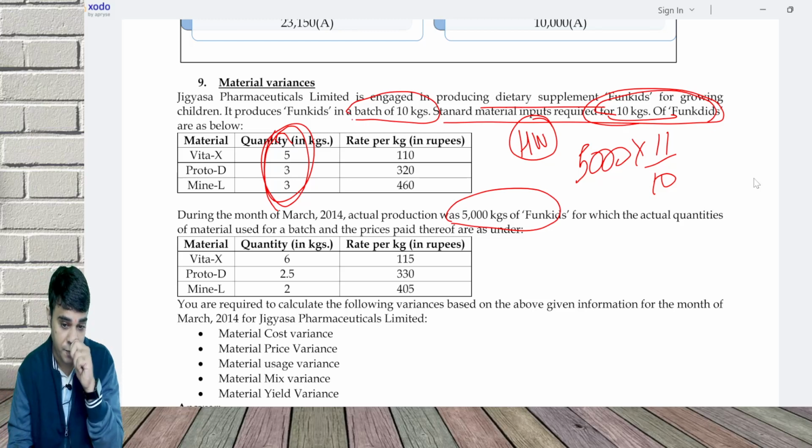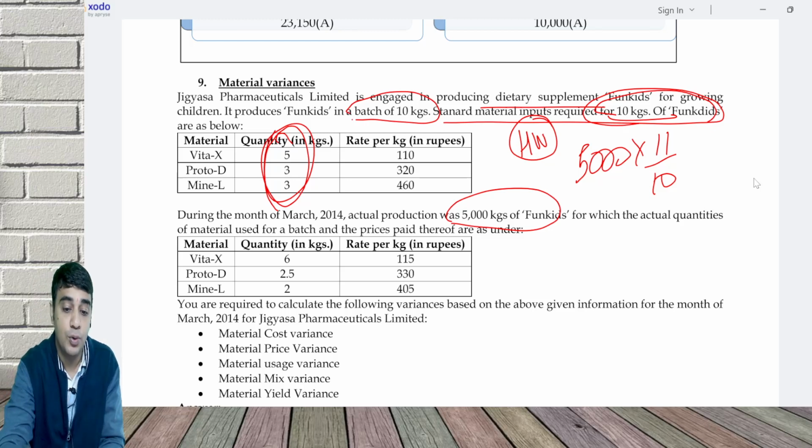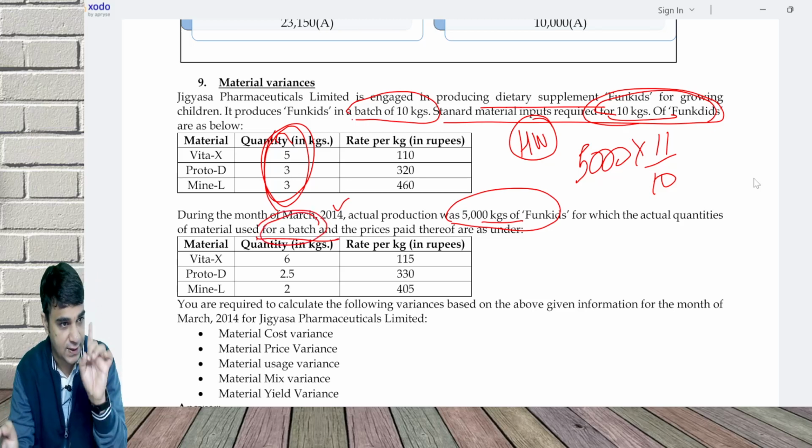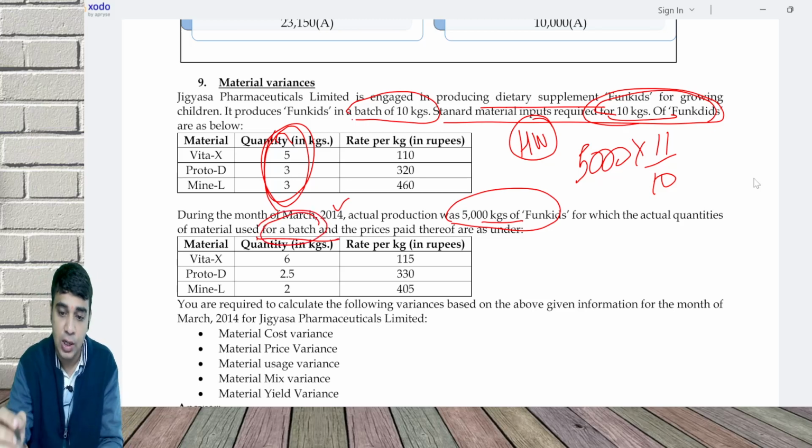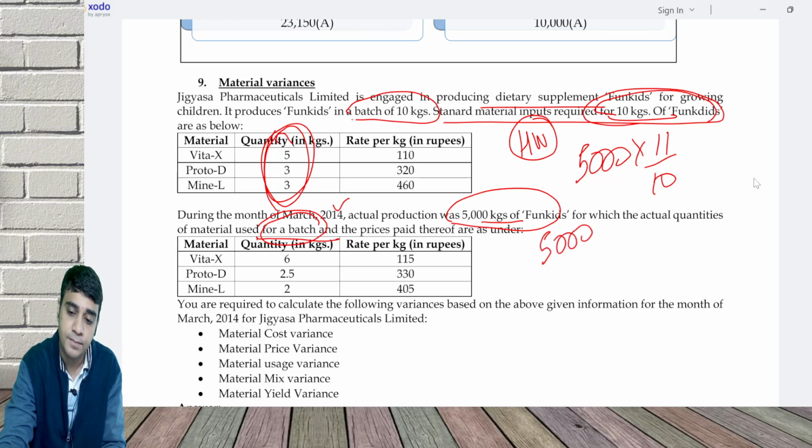RSQ is the total of AQ, and for AQ they have said during the month of March 2014 actual production is 5,000 kg, for which the actual quantity used for a single batch, this is the usage. So 5,000 divided by 10 is 500 batches.